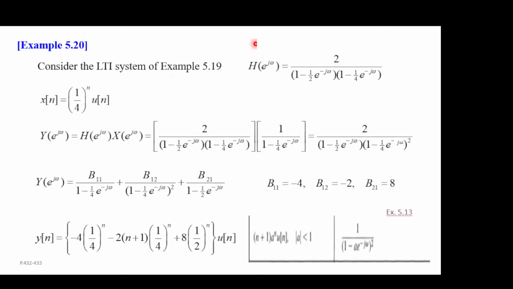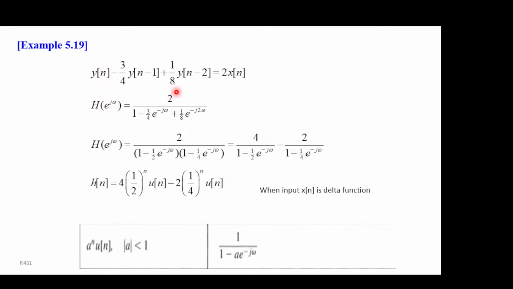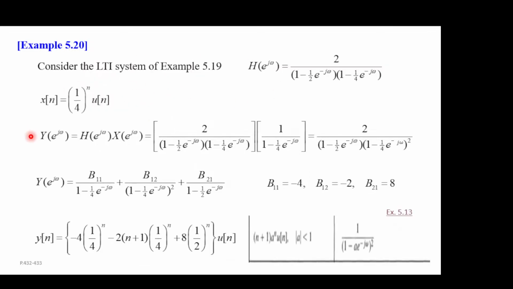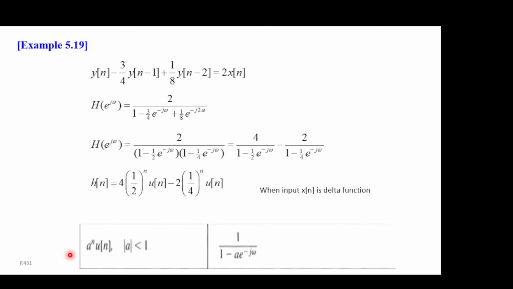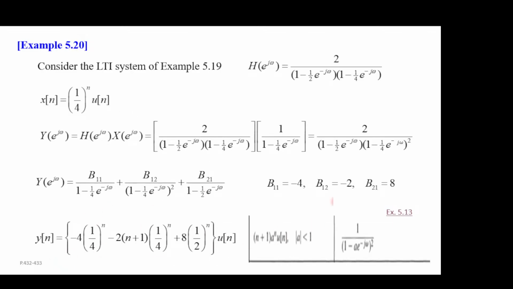So I guess this one can also be viewed as solving a difference equation. It says that you have this difference equation, and if your input x is like this, then your output y will be this. And obviously we are working with initial rest condition, so it's LTI.